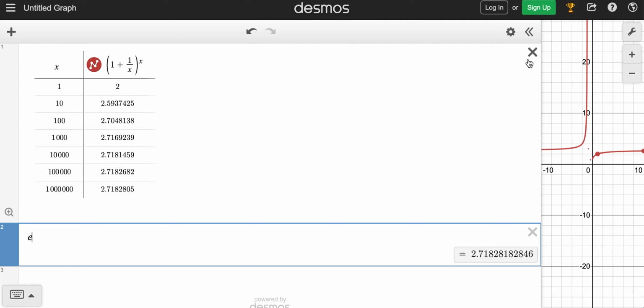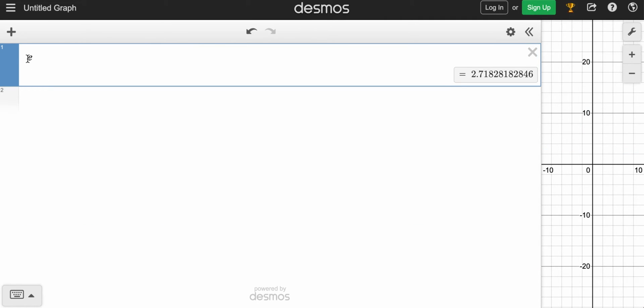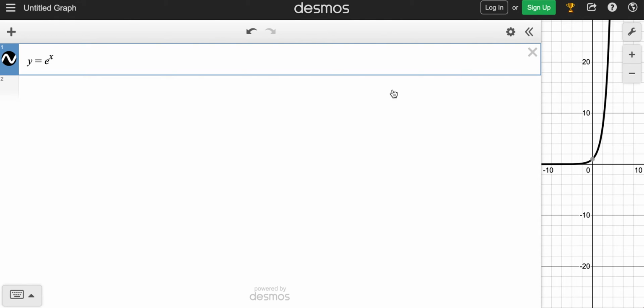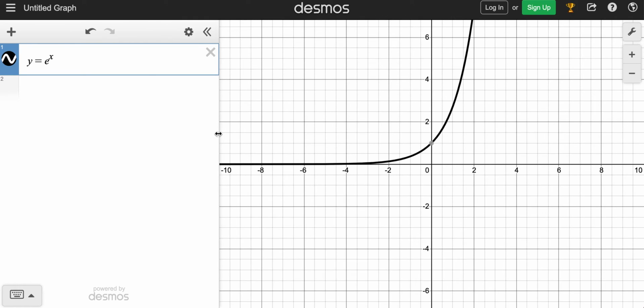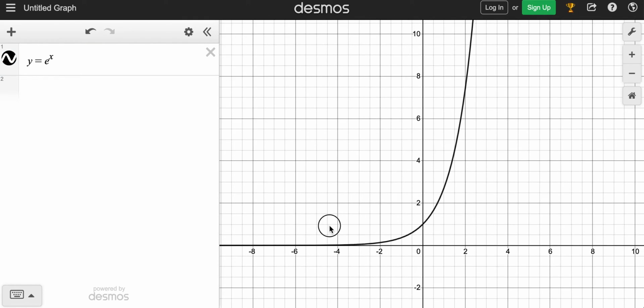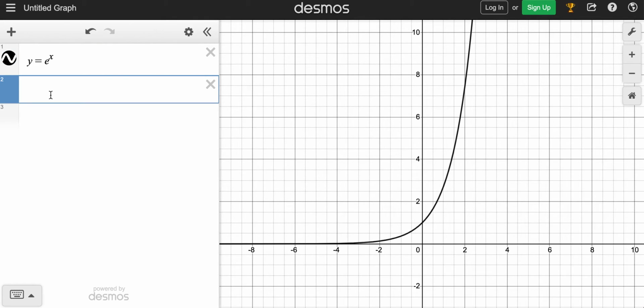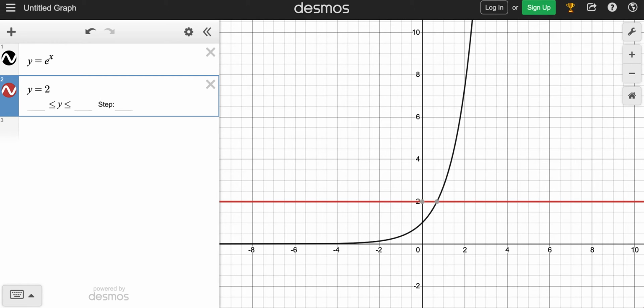If I close this top part out and I look at it as an equation, y equals e to the x, and we look at the graph, you can notice that the graph looks very much like your regular exponential function. In fact, it's between y equals 2 to the x power.